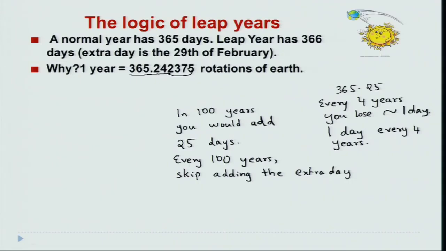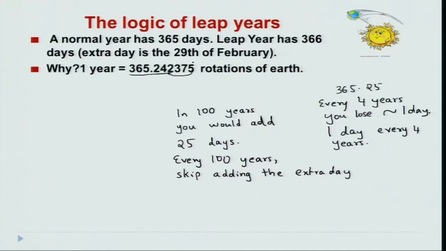And then again you can look at what remains. What remains is also roughly 0.24, which means that every 400 years, if you do this adjustment, you are losing about a day, because every 100 years you are losing about a quarter of a day from this 0.2375 part. So, you do the same logic again every 400 years.